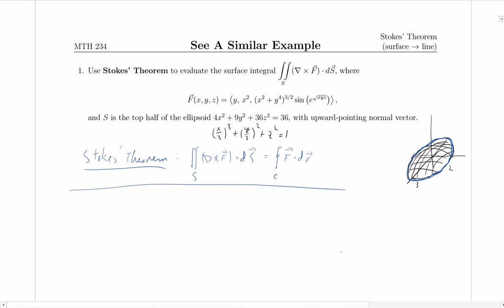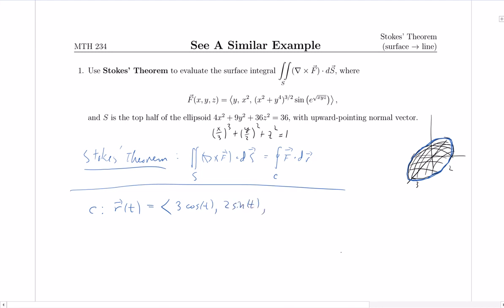So let's parameterize the curve C before we move on. You can parameterize it just like a circle with cosine and sine, but use the appropriate constants to stretch it. So it's stretched 3 in the x direction and 2 in the y direction.